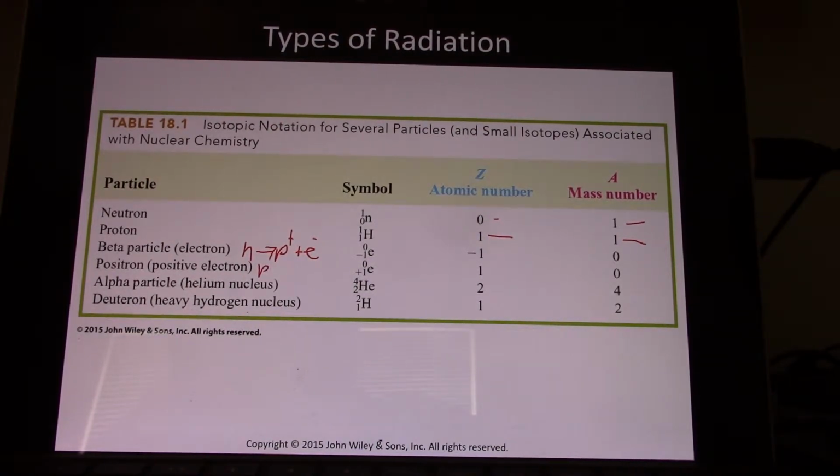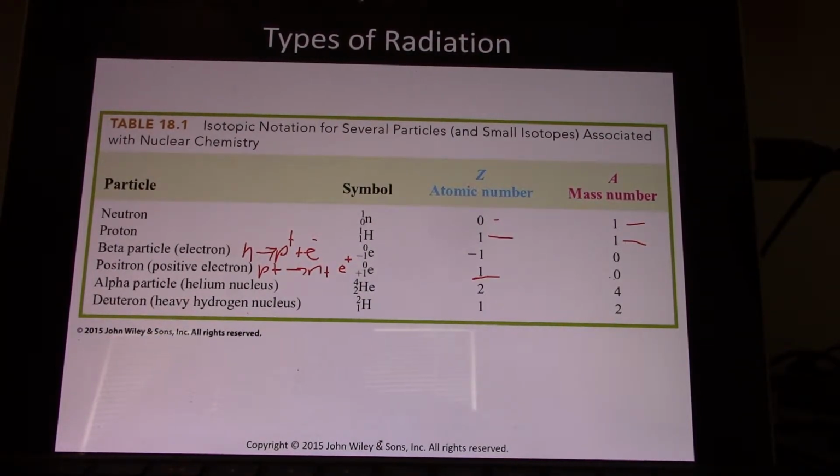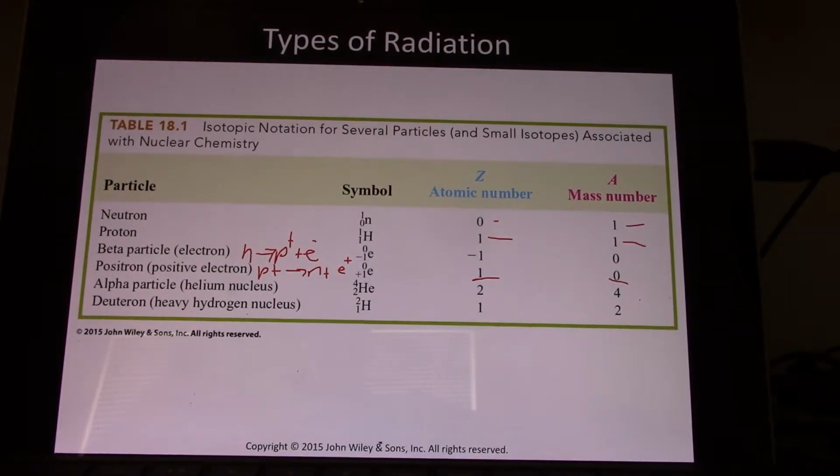A proton decomposes into a neutron plus a positron, which is the antimatter particle of an electron. It is exactly the same as an electron, except it has a positive charge. So we see a positive charge just like a proton, but no mass, because remember, electrons are 1,837 times lighter than protons and neutrons, so they get pretty much no atomic mass number.